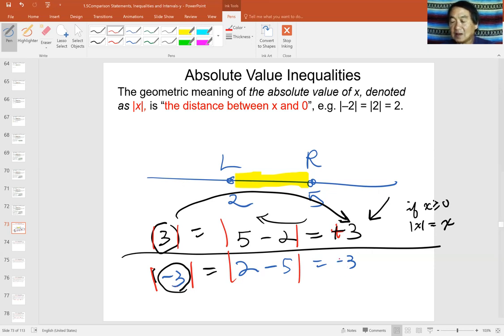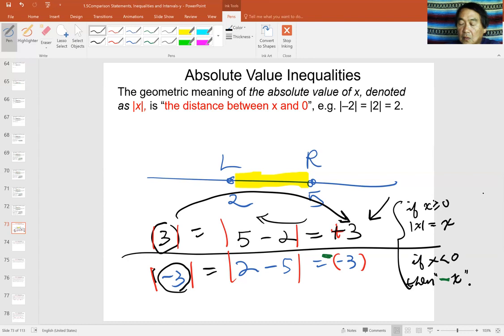How do I make a number positive? Well, I put another minus sign next to it. In other words, if x is negative, then the absolute value is minus x, which is positive. So this is what the algebra does.